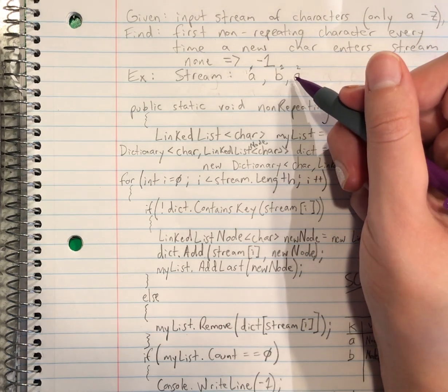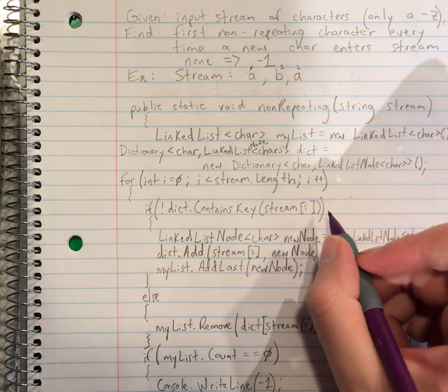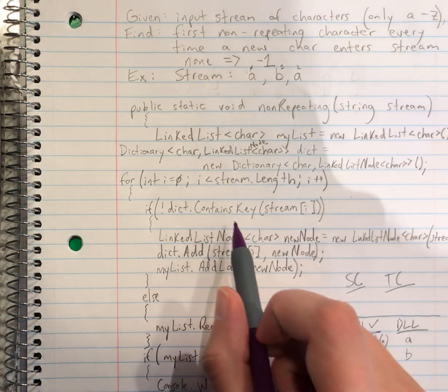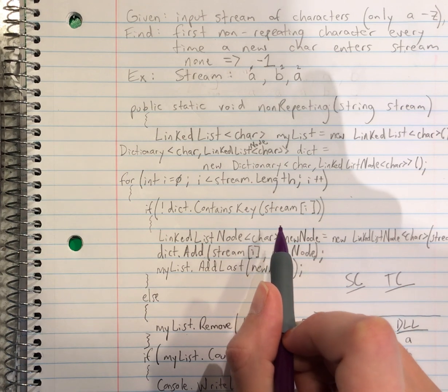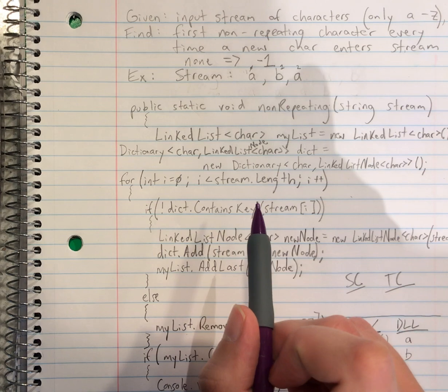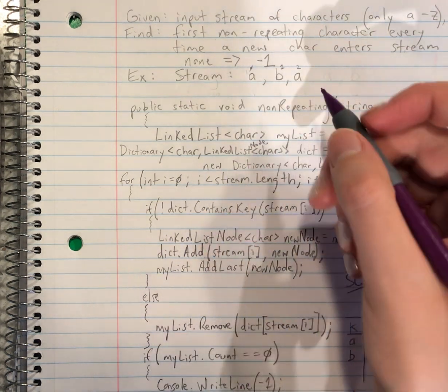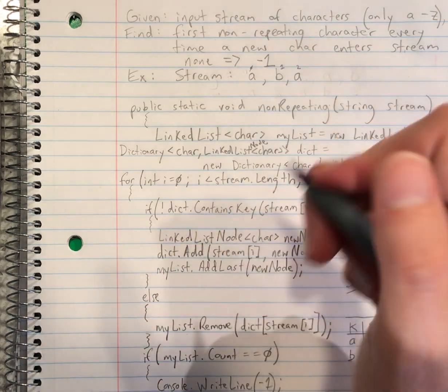Onto our last char, i is 2, stream of i is A. If the dictionary contains A, it does. So let me say that in a different way.